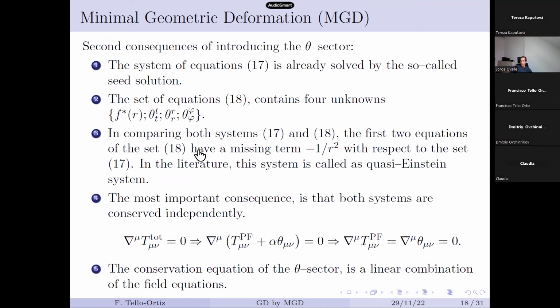But here there is a consequence when you split or separate these two systems using the minimal geometric deformation approach. The third point is that, in comparing both systems, 17 and 18, the first two equations of the set 18 have a missing term, -1/r², with respect to the set 17. This system is called the quasi-Einstein system of field equations.